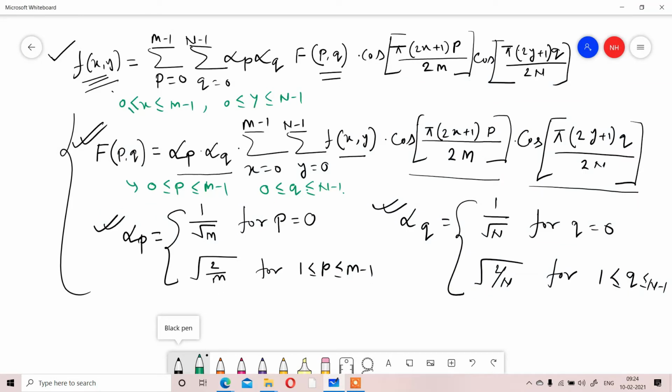So these are the two formulas to calculate the discrete cosine transform, and in those two formulas the common part we can check: alpha p alpha q, cos pi 2x plus 1 p by 2m and that cos part. These two common parts are basically responsible to generate the transformation matrix, and you can check that the transformation matrix is completely real. There is no complex part in that transformation matrix.